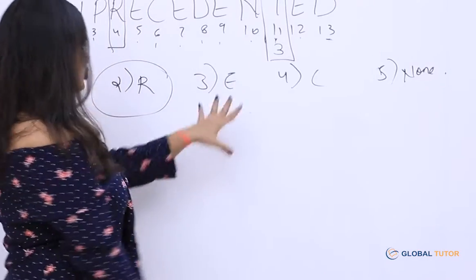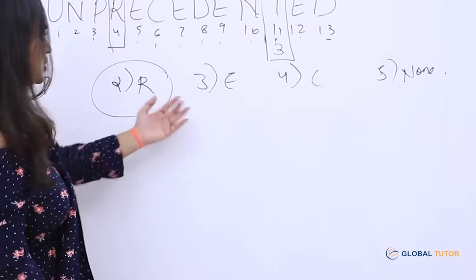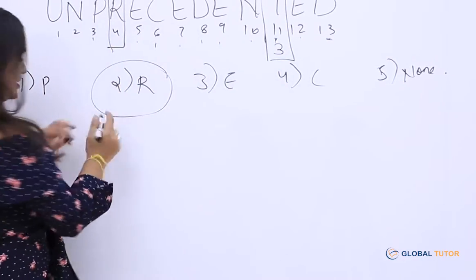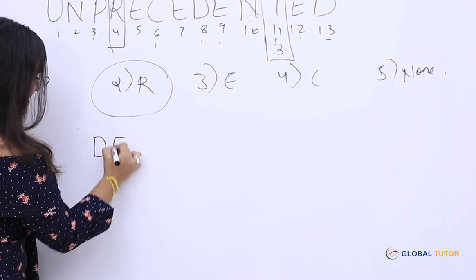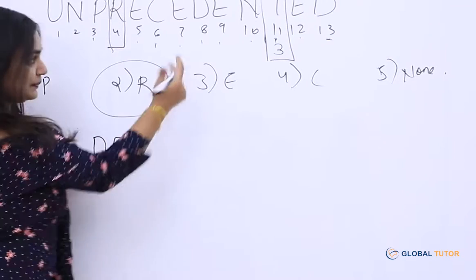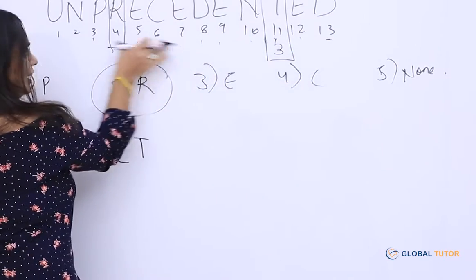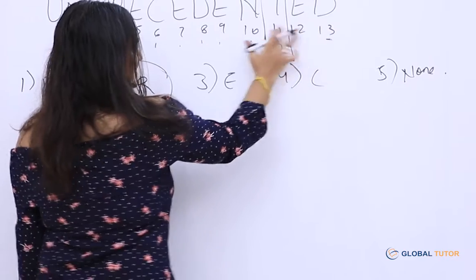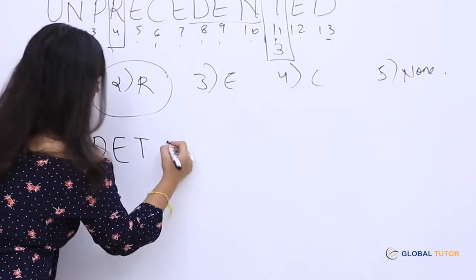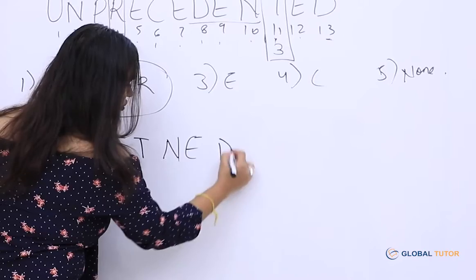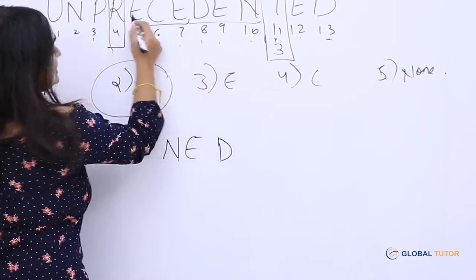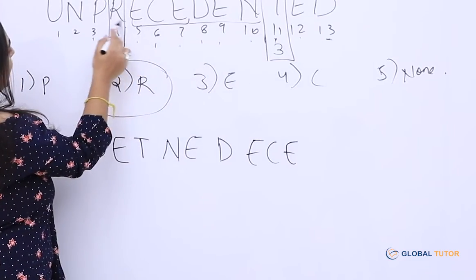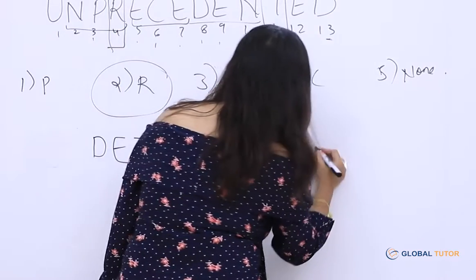If you've got trouble doing it this particular way, we can do it in a more detailed manner so that you don't miss out on the letters. So you can write it in a reverse manner, right? So it goes something like D, E, T. I prefer to write it in batches of 3. It actually helps so that you don't miss out on the letters. So DET, NED, I'll write it down that way. Or maybe you could also mark them just the way I'm doing it now. ECE, RPNU.